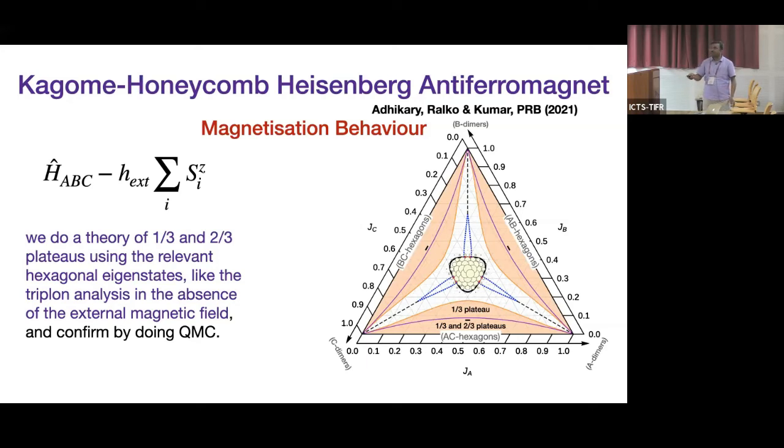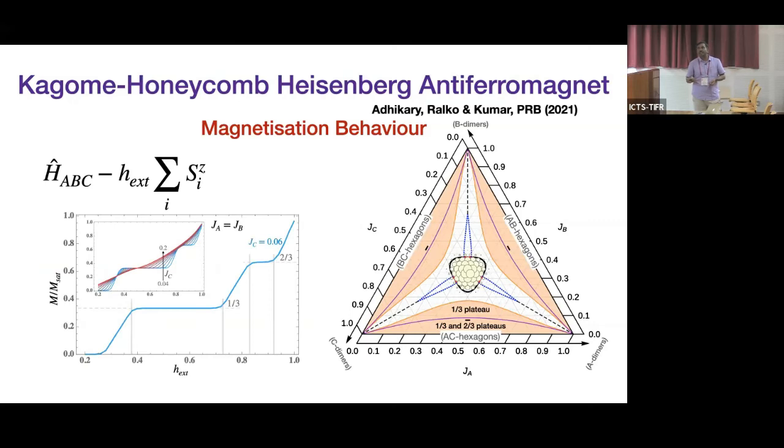The other notable point is that this so-called plateau physics lies strictly in the hexamer region, meaning those parts of the phase diagram where the hexamer singlet phase is realized. The occurrence of a 1/3 plateau is in fact telling you, in converse, that the ground state of this material in the absence of field must be a hexamer singlet, because otherwise it would not show these two plateaus, at least within this basic simple model.